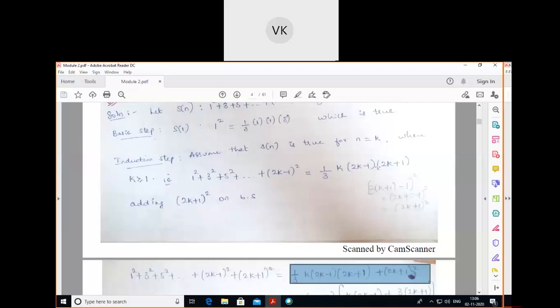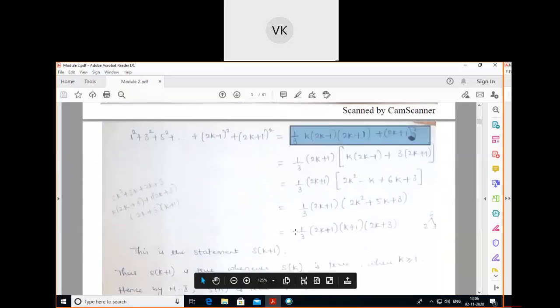And here you see 2 into k plus 1 is 2k plus 2, plus 1 is 2k plus 3. After simplification we have to get the result 1 by 3, k plus 1, 2k plus 1, 2k plus 3. This result we have to get after simplification.